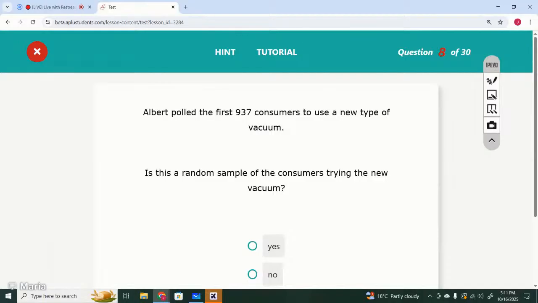Albert polled the first 937 consumers to use a new type of vacuum. Is this a random sample of the consumers trying the new vacuum? No, they are not random.